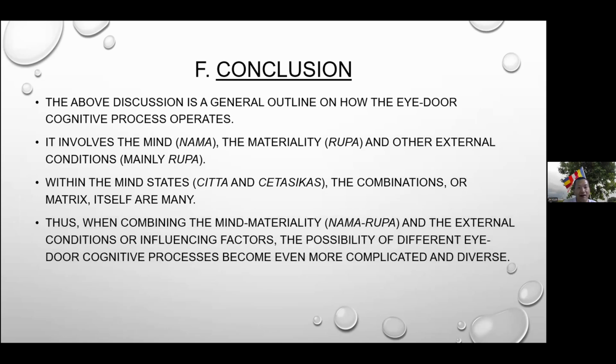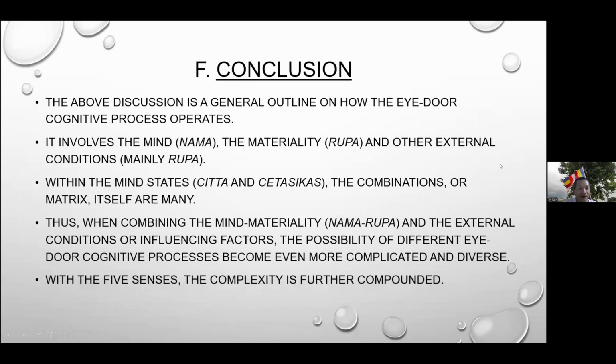Thus, when we combine the mind and materiality, nama-rupa, and the external conditions or influencing factors, the possibilities of different eye-door cognitive processes become even more complicated and diverse. And with the five senses, the complexity is further compounded.